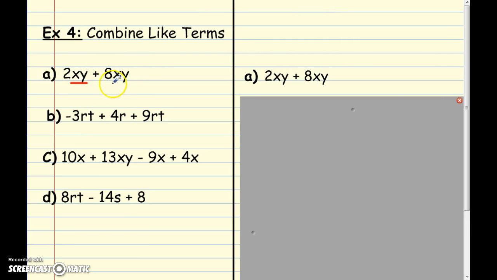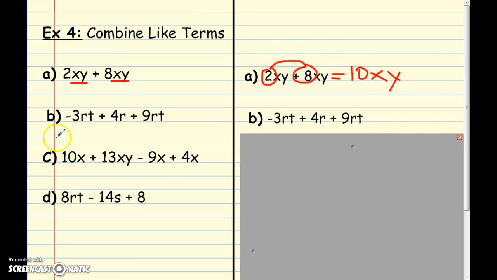It has an xy, this has an xy, neither of them have an exponent. So these are like terms. They're both going to have an xy, and all you have to do then is pay attention to the coefficients, and you're going to do 2 plus 8 to give us 10xy. Again, anytime we're adding and subtracting with variables, nothing happens to the exponent. The only thing that changes is the coefficient.